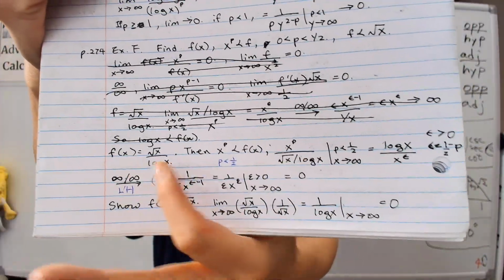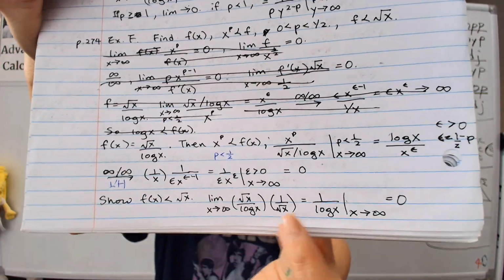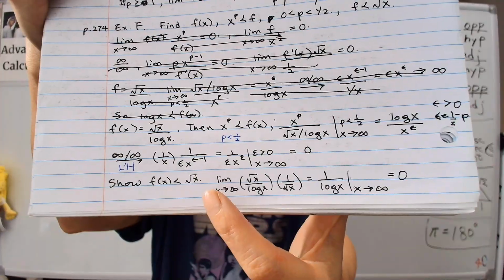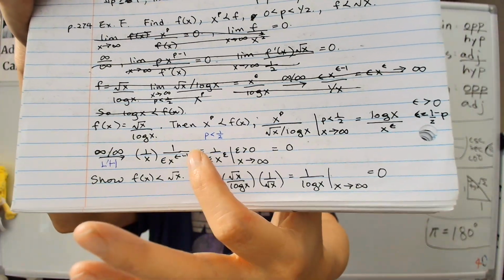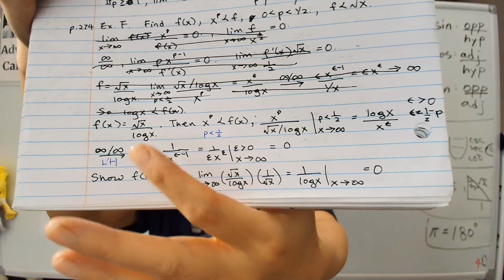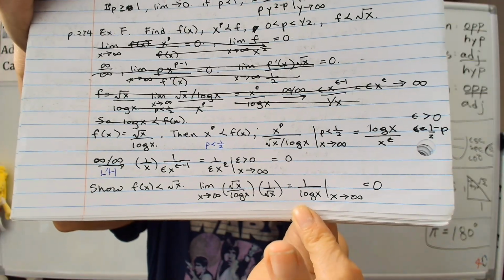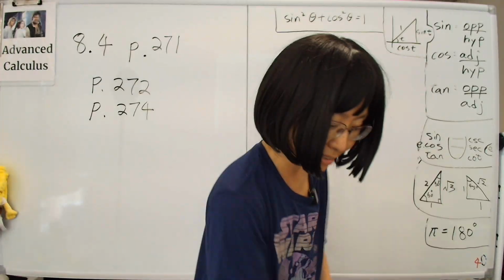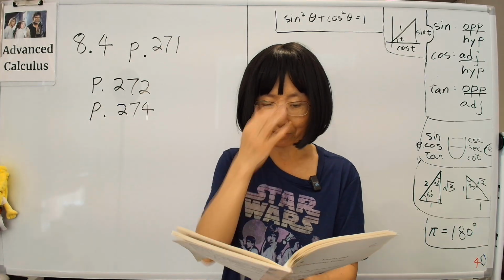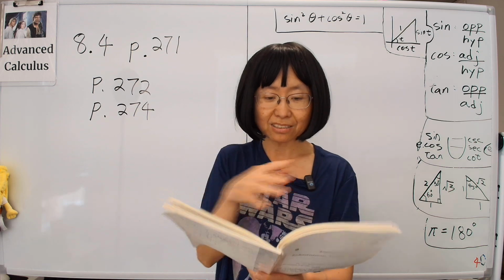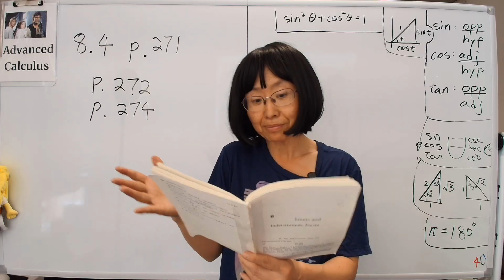Then we work out the algebra and check it with L'Hopital's rule or whatever, and we're able to prove that f of x is indeed stronger than x to the power p, but weaker than square root of x. And my question, however, is how did they come up with this? The book doesn't say, so my suspicion is these are people who don't have a date on Friday night, so they just mess with all kinds of functions until something actually works out. Something like that.